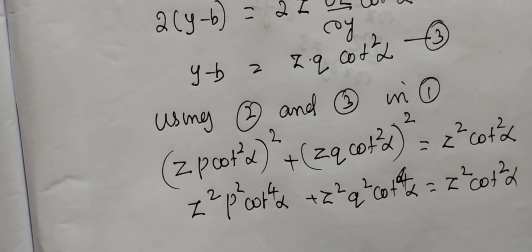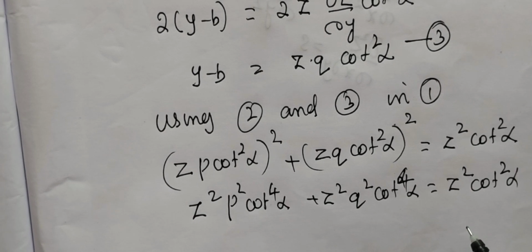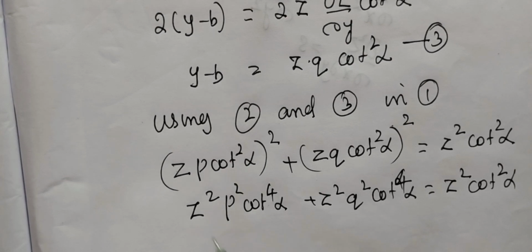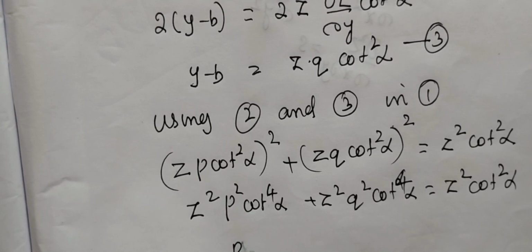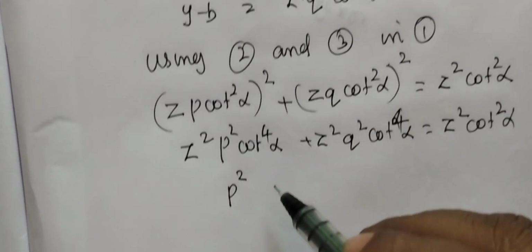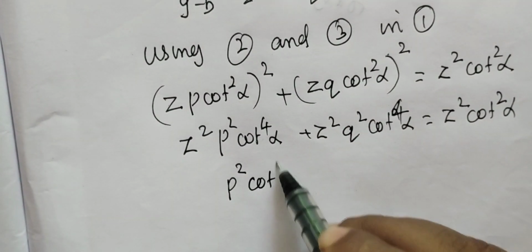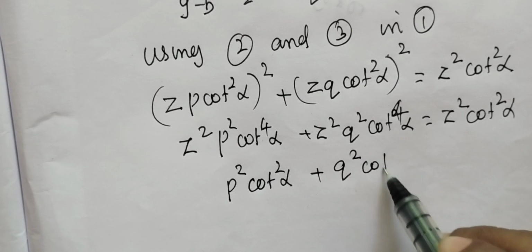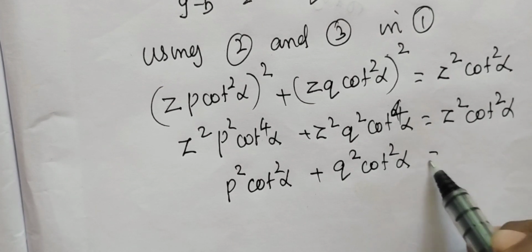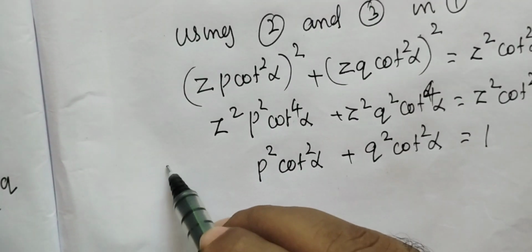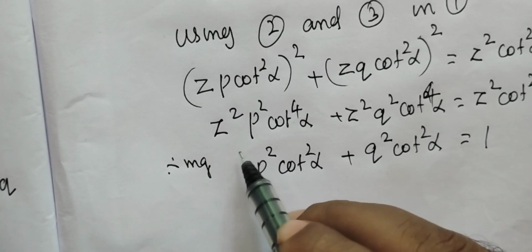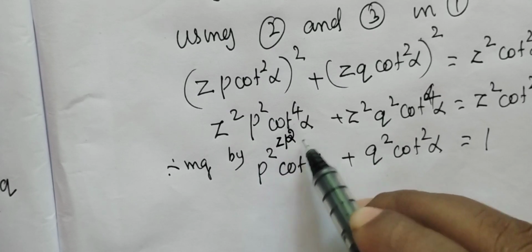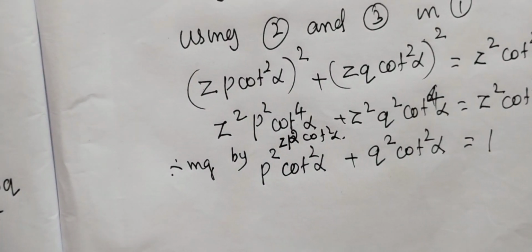Now dividing by z square cot square alpha, that is equal to p square cot square alpha plus q square cot square alpha equal to 1.